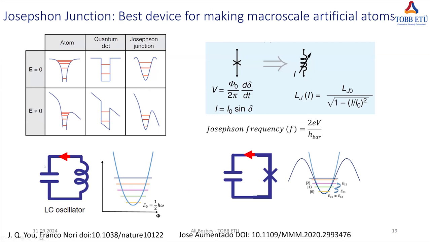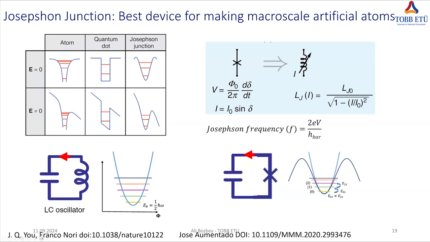Now, in a usual linear LC oscillator, at different resonance frequencies, we get some energy levels. But since both capacitor and inductor are linear, the energy separations between different states are equal, and we cannot differentiate states 0, 1, 2, etc. But when we replace the inductor with a Josephson junction, this circuit becomes a nonlinear, anharmonic LC oscillator.